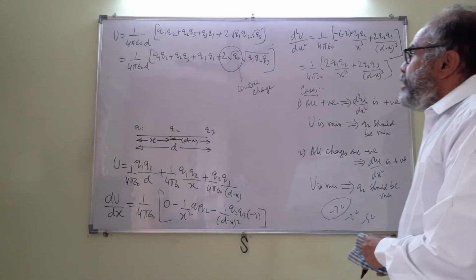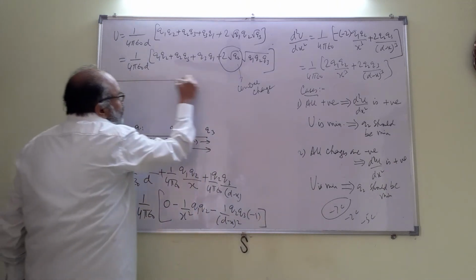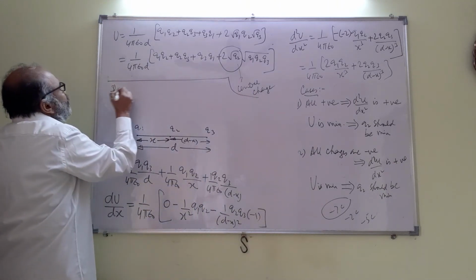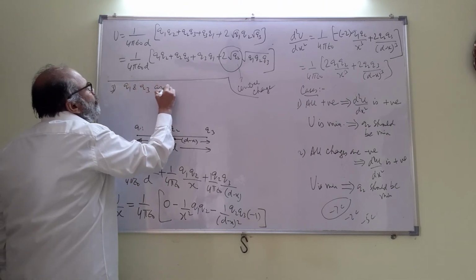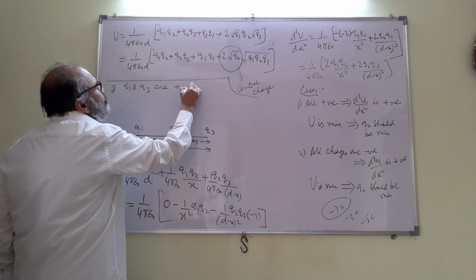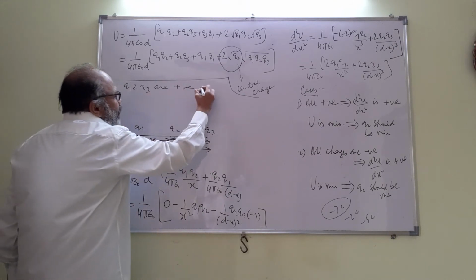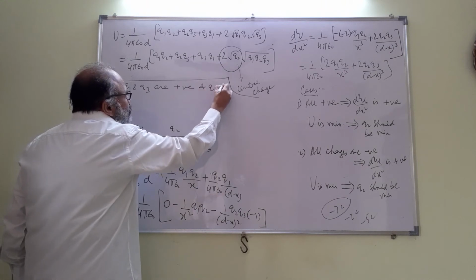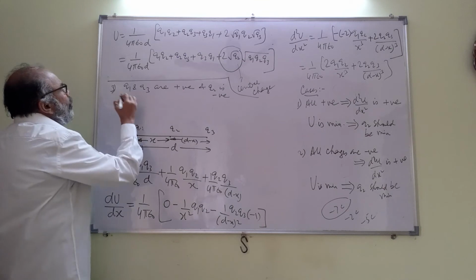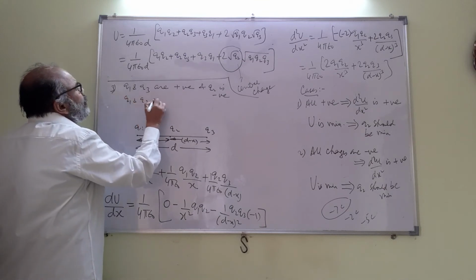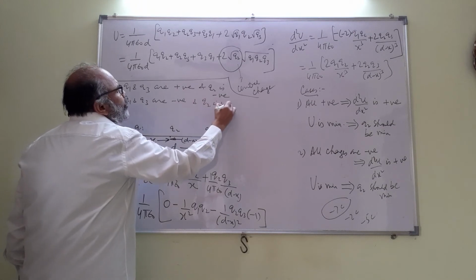Now let us take the third case, where Q1 and Q3 are positive. Remember, Q1 and Q3 have got to have the same sign, and Q2 is negative, or Q1 and Q3 are negative and Q2 is positive.